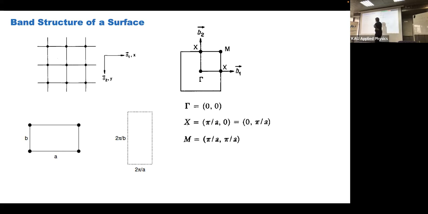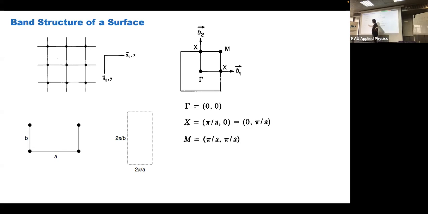I take 2π divided by the first vector a1, and I get some vector b1. Then I take 2π divided by a2, and I get some vector b2. And if I have a square lattice, I will have a square Brillouin zone.